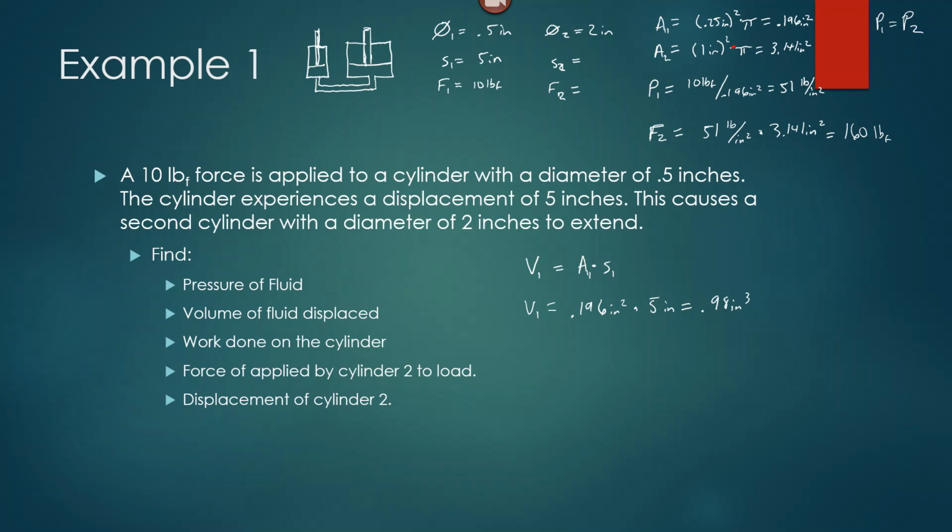So we know that V1 equals V2 because of our continuity equation. So V2, or I'm sorry, we should probably look for, instead of V2, S2. It's just going to be our 0.98 inches cubed divided by our area, which is 3.141 inches squared.